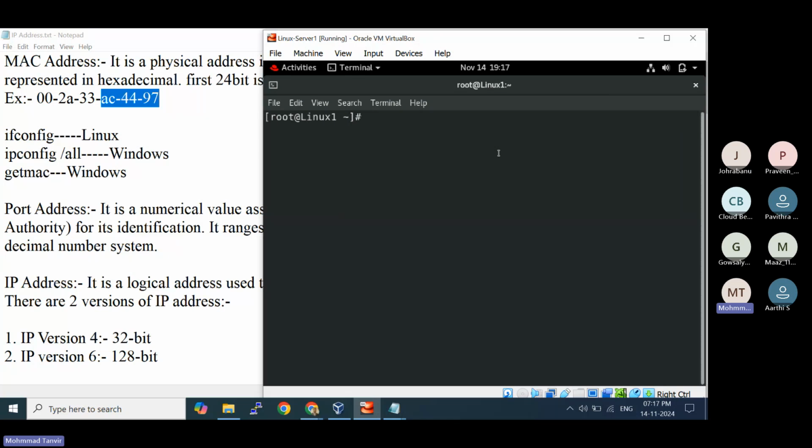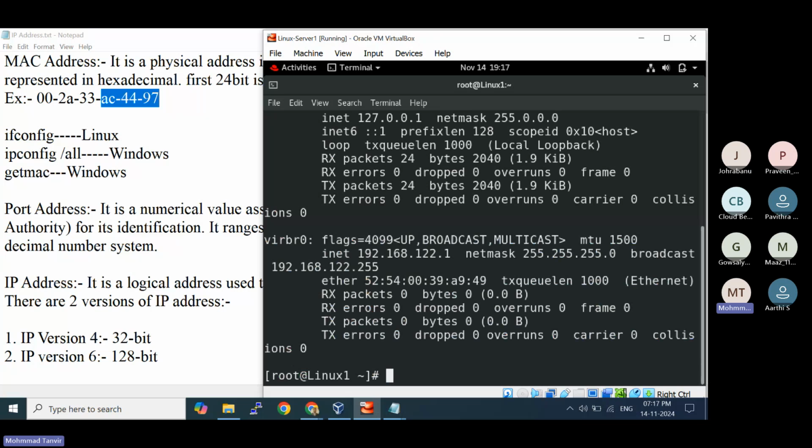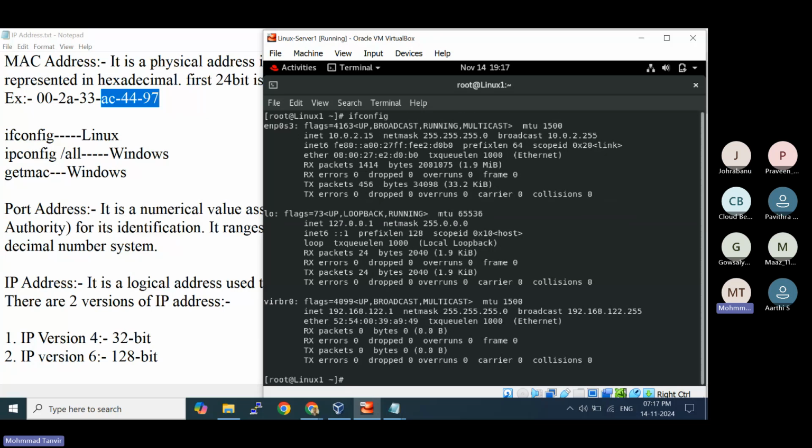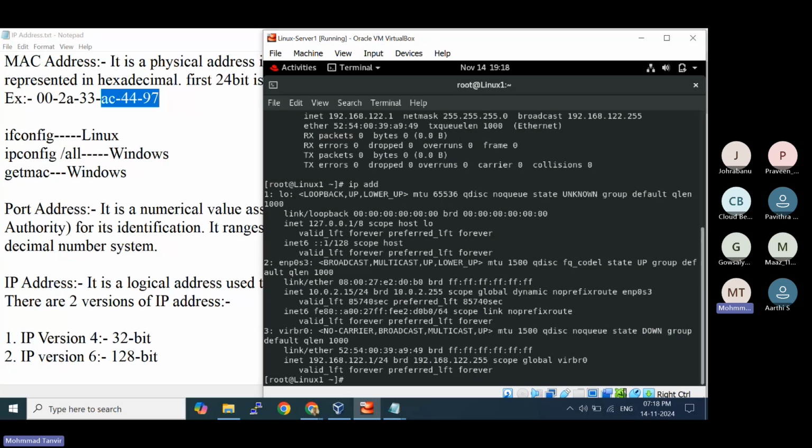On this terminal, we'll type the command ifconfig. When you type ifconfig, you can see the MAC address. You see, it is also known as Ethernet address. You see, ether. So this is the MAC address of the interface, and the interface name here is enp0s3. Also, we have the command ip address. Through that also we can check the same. Here we can see link/ether, so Ethernet address.